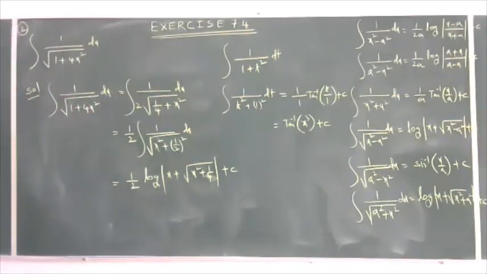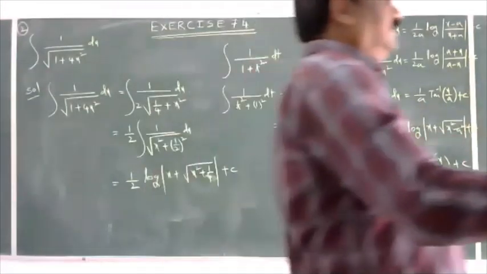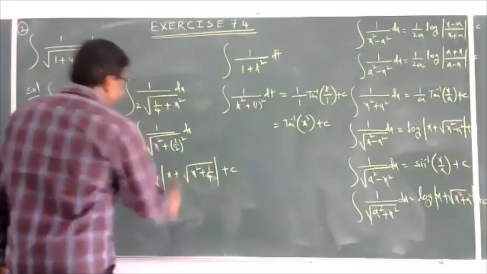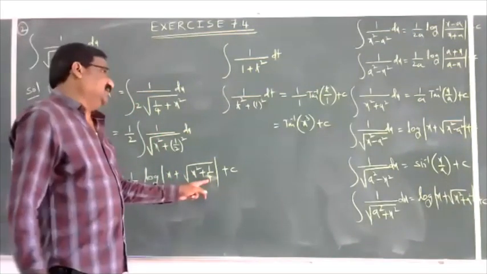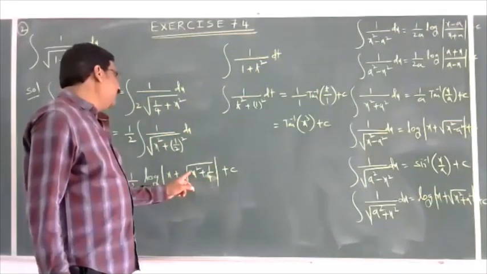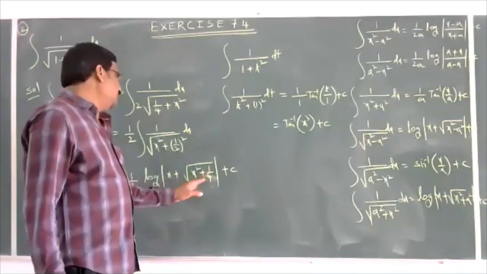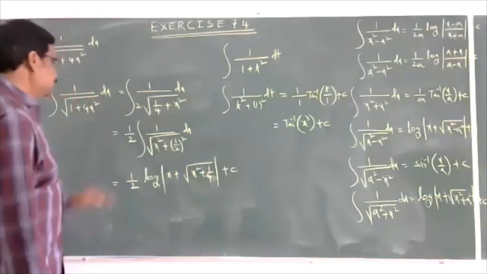Just for simplification purpose, the answer may be given like this or in simplified form. Here we are simplifying, that is in the root you take LCM, you get 4x square plus 1 by 4, that is by 2.